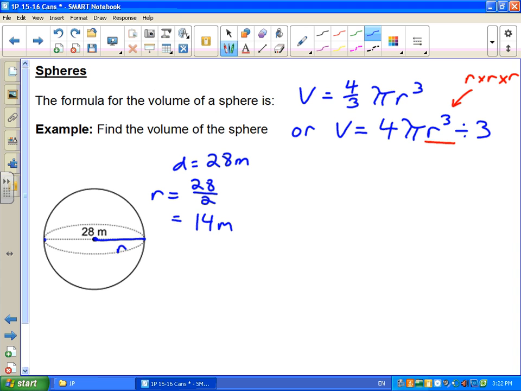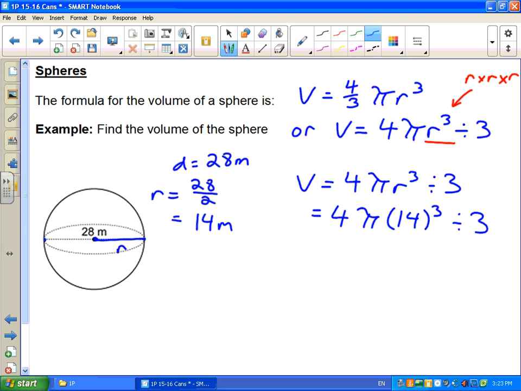So our formula here is volume is 4 pi r cubed divided by 3. And let's substitute in our value for the radius. We've got 14. We're going to cube it, and then we're going to divide by 3.